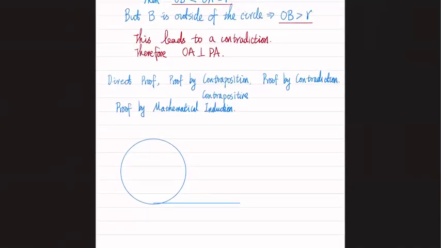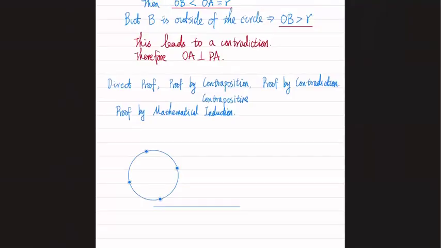And I can move this. I draw another point. P, tangent point A, another point B.